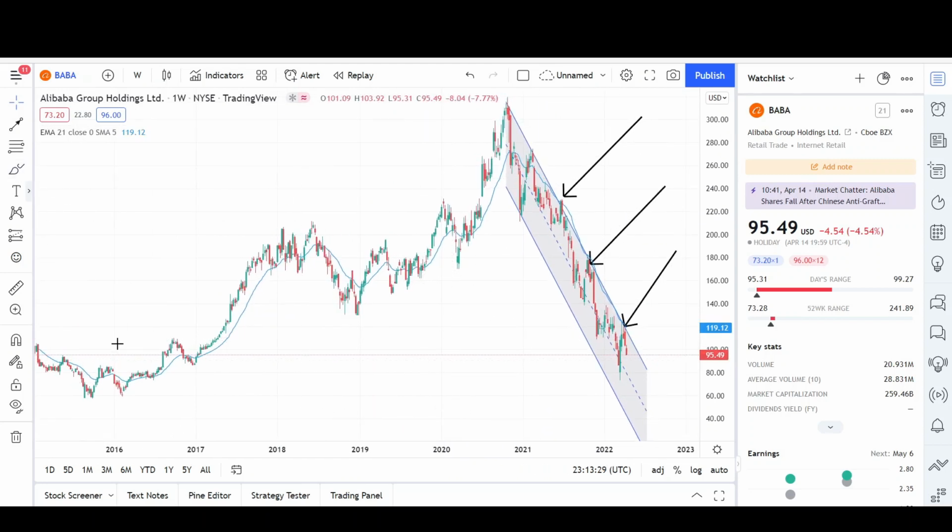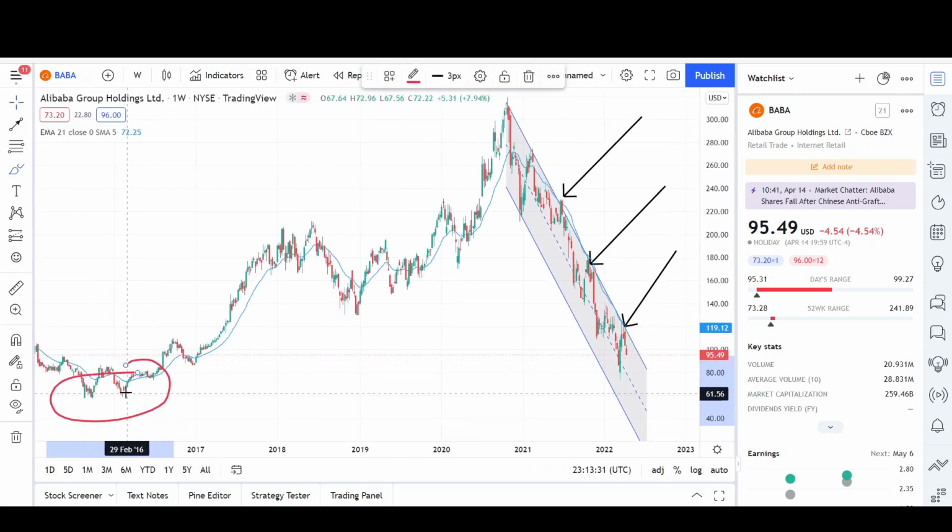There are people who bought shares of Alibaba back here in 2015, 2016, where the average is right around the low 60s, or even the high 50s. So they want to stop out all the longs and take their money before we probably start seeing a reversal.